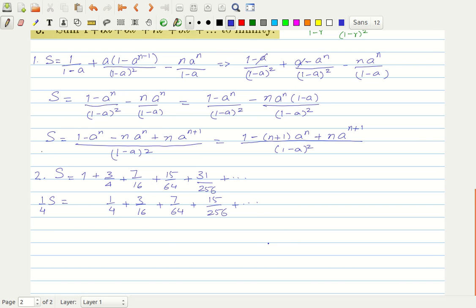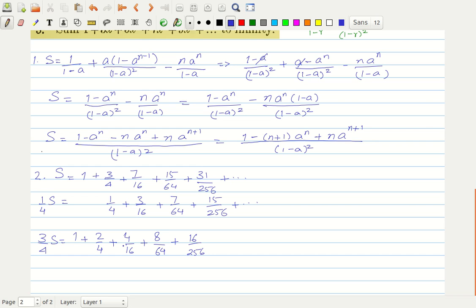Next step, we will subtract these two terms. So this is S minus 1 by 4 S, so it is 3 by 4 S. And you get 1 plus 3 by 4 minus 1 by 4 is 2 by 4, plus 7 minus 3 is 4, so 4 by 16, plus 15 minus 7 is 8 by 64, plus 31 minus 15, so it is 16 by 256.